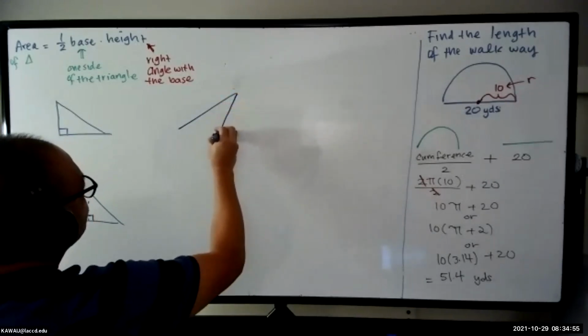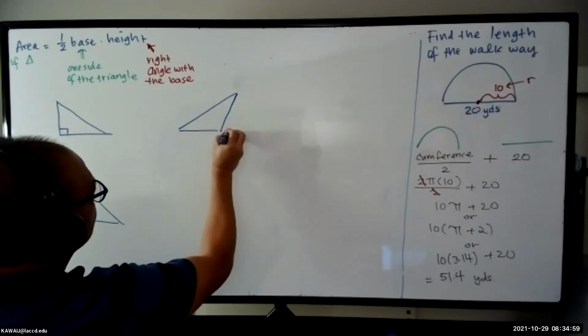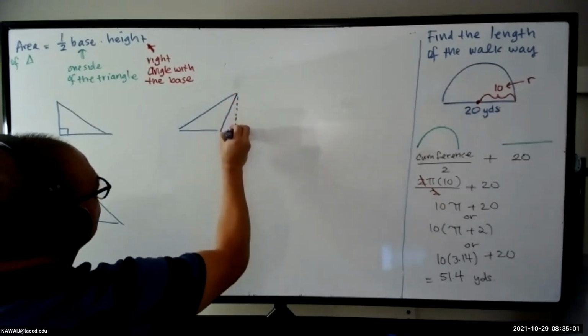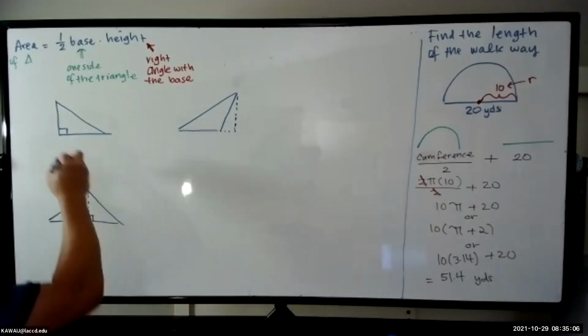Now, to find the perimeter, you just add the sides. Now, let me put some numbers on all of these.